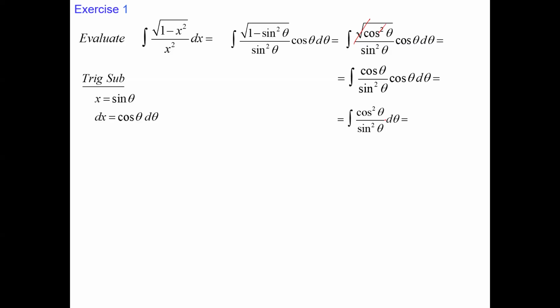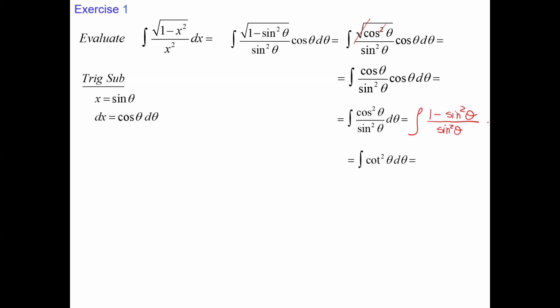Well, we end up with a trigonometric integral, and I hope it's not difficult. What can we do? We may rewrite cosine squared theta over sine squared theta as a cotangent squared, but I don't know if this is helpful. Or we may rewrite it as 1 minus sine squared theta, because we have to do something.